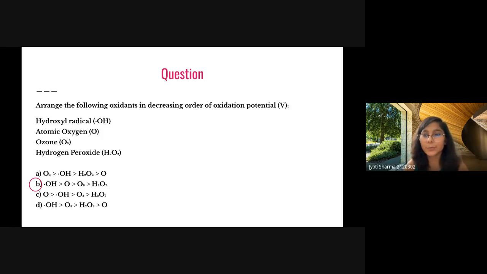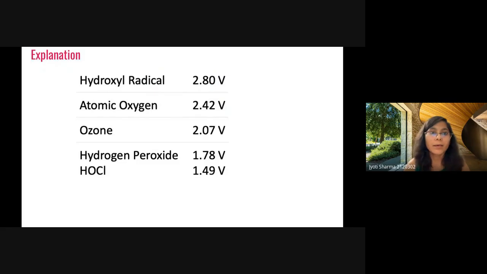So B is the right one. And this is where the oxidation potential values are given. It is highest for the hydroxyl radical, then atomic oxygen, ozone, hydrogen peroxide and HOCl.